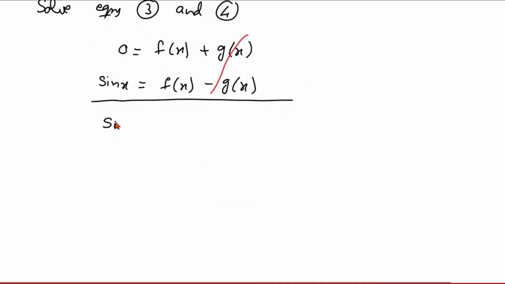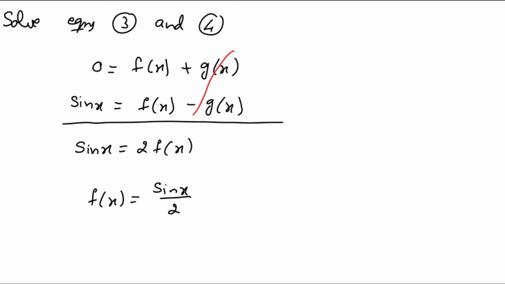You'll just be left with sine of x is equal to f of x plus f of x, which is 2 times f of x. I want the value of f of x. So therefore just send this 2 to the other side. So it becomes sine of x divided by 2. So you got f of x solving equations 3 and 4.